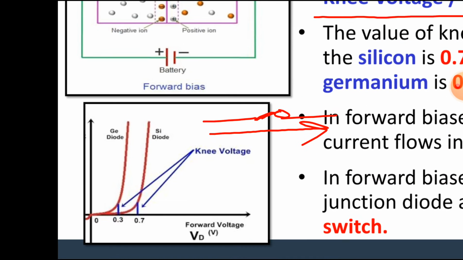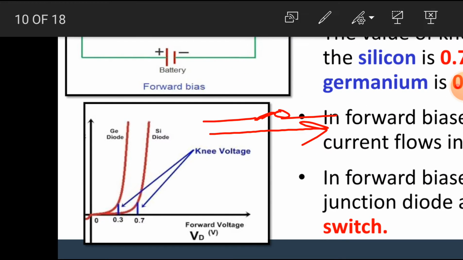Here the VI characteristics of the PN junction diode in forward biased mode are shown. The x-axis represents the forward voltage while the y-axis represents the forward current. As we saw previously, the barrier potential for silicon is 0.7 volt. That means up to 0.7 volt the diode current is almost zero.